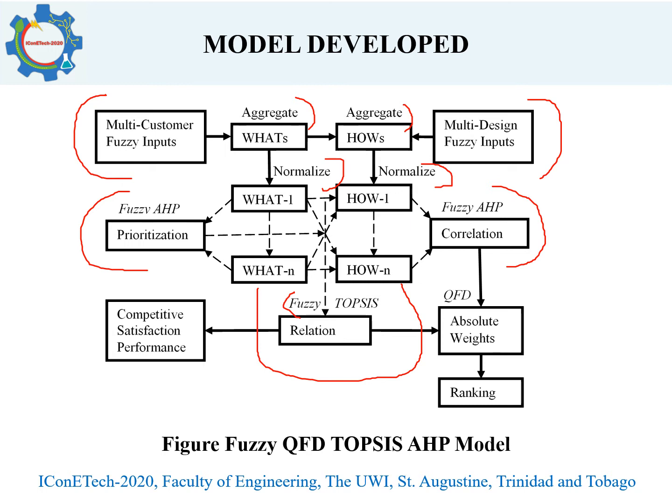Then the competitive satisfaction performance is scored by the level of customer satisfaction between the developed product and existing products. And on the right of that, the hows are ranked with absolute weights of the correlated fuzzy AHP and related fuzzy TOPSIS. And this now forms the fuzzy QFD-TOPSIS-AHP model.